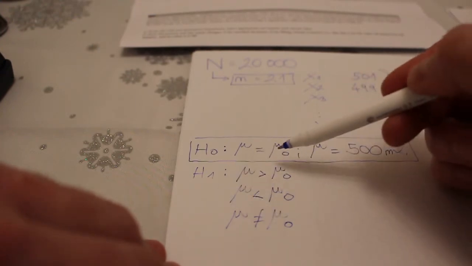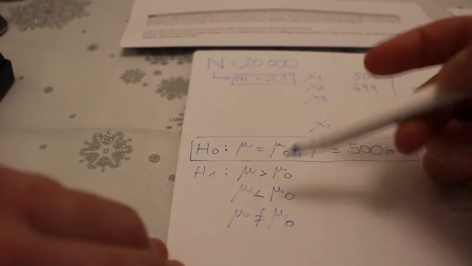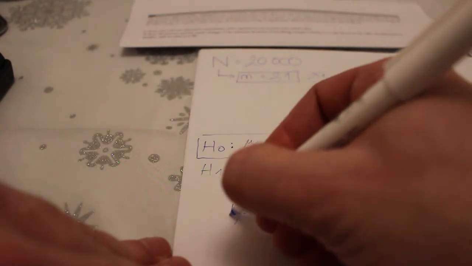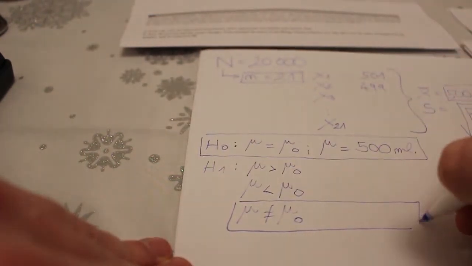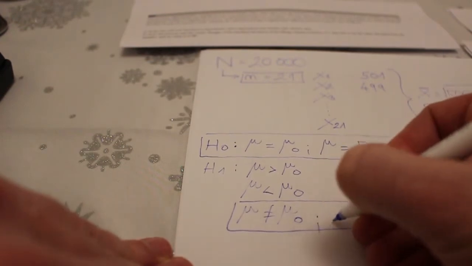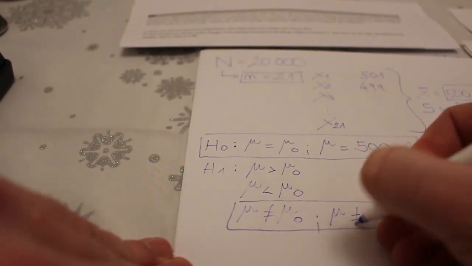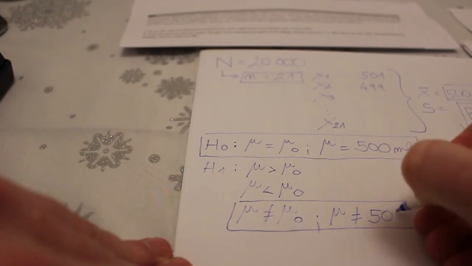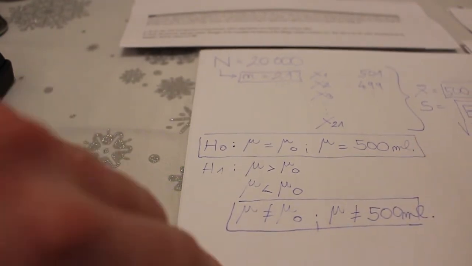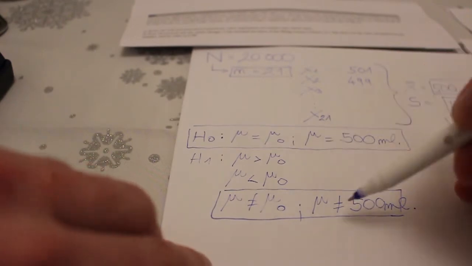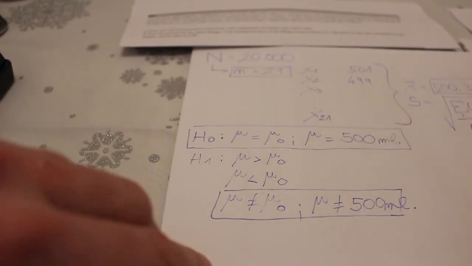Everything else is wrong, higher or smaller. So I will select this alternative hypothesis. What does it mean? It means mu is not equal to 500 milliliters of beer. So this is your null and alternative hypothesis.